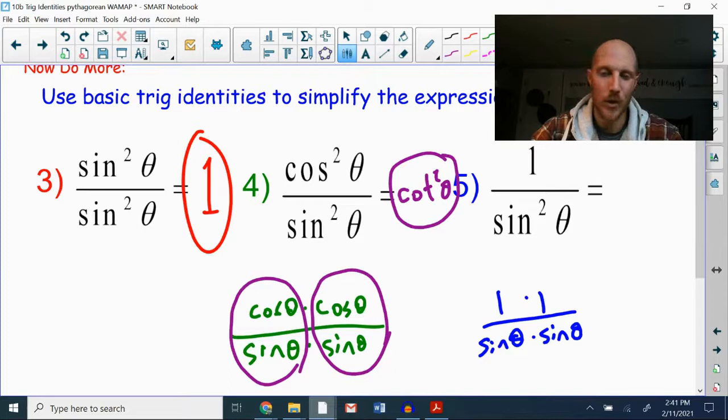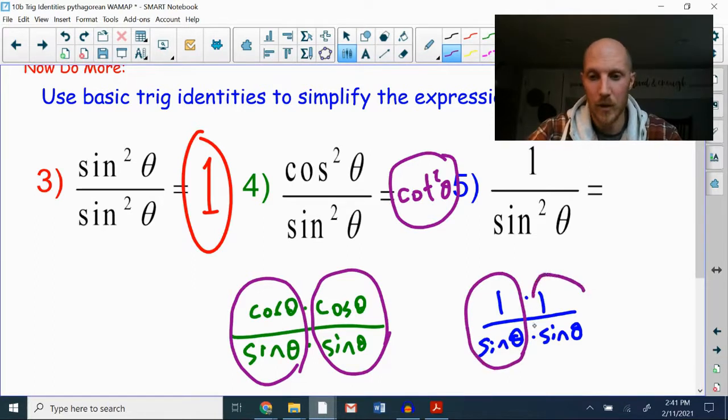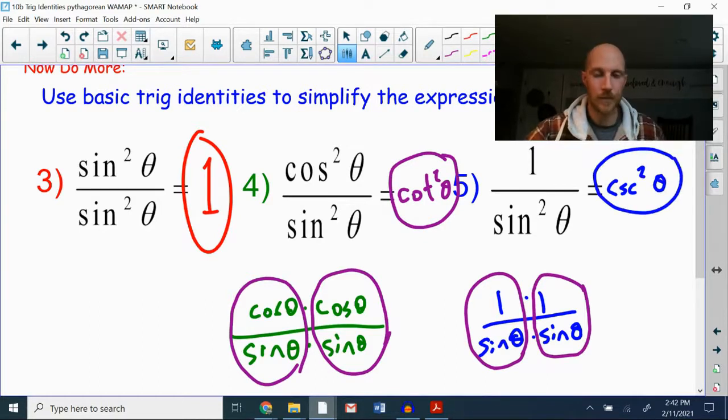The point is 1 times 1 is equivalent to 1, and this is helpful because now we can see 1 over sine of theta, that's cosecant of theta, and another 1 over sine of theta, which is also cosecant of theta. So we could just say, you know what, this is the same as cosecant squared of theta.